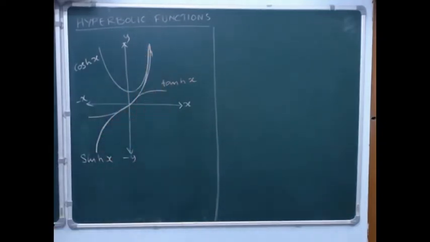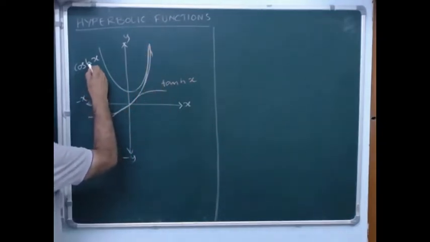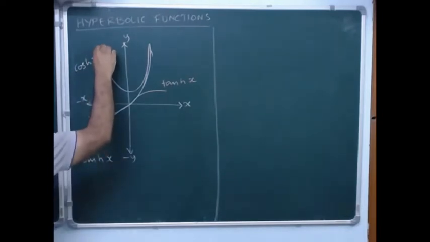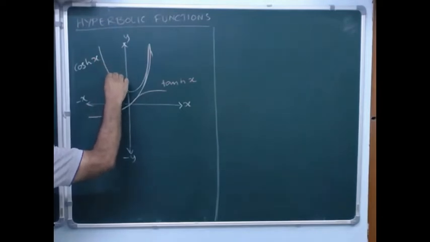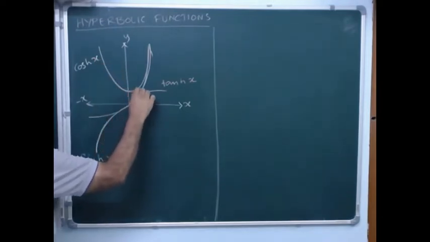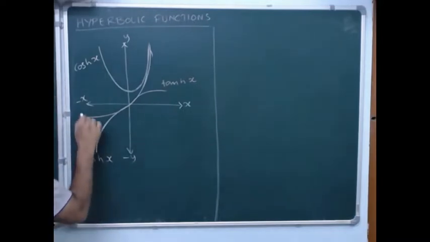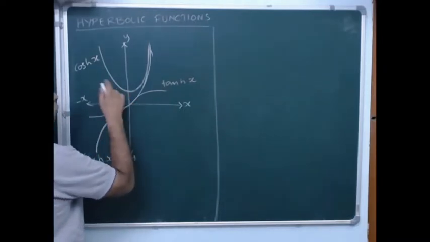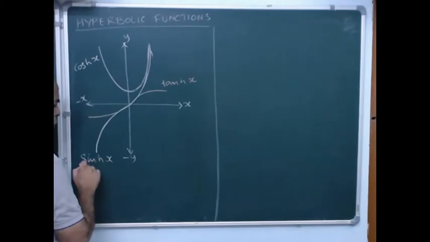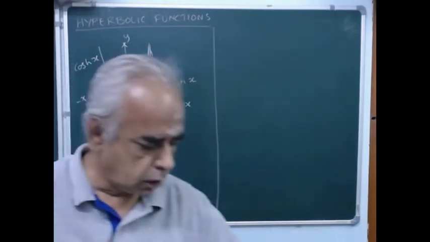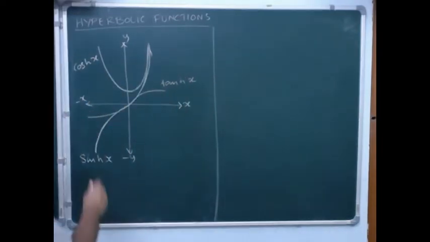Right? And the cosine, that is the hyperbolic cosine of x, is represented in this way. Then you know very well the ratio between the hyperbolic functions sine x and cos x is tan x, that is hyperbolic tan x.